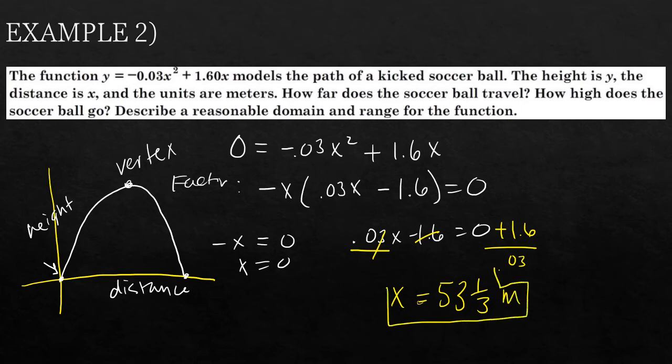All right. It now wants to know, how high does the soccer ball go? What we talked about on the last problem is that if this total distance is 53 1/3, this has to be the halfway mark. So instead of having to use the vertex formula, we can just simply find our x where this takes place by dividing this in half.